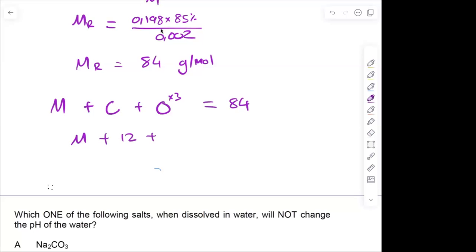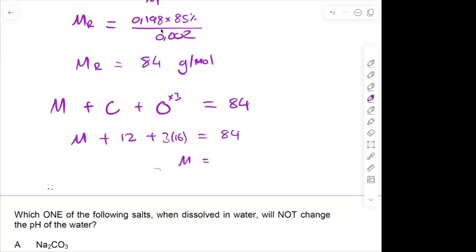And then we've got 3 oxygens, oxygen is 16. M plus 12 plus 3 times 16 is equal to 84. And then if you solve for your M, you should then have 84 minus 3 times 16 minus 12. And then you guys can quickly try work it out and see what answer you get.